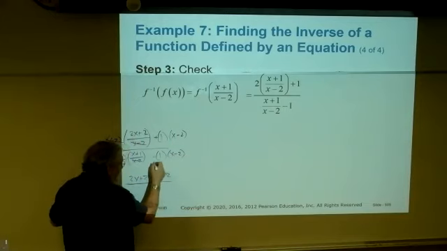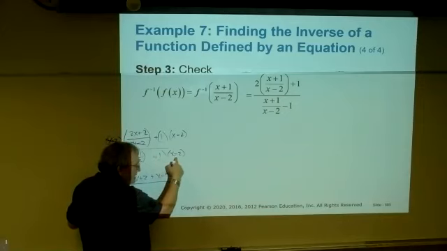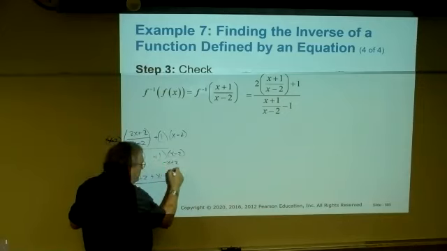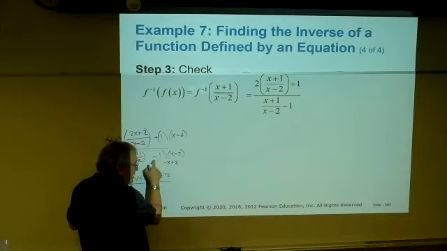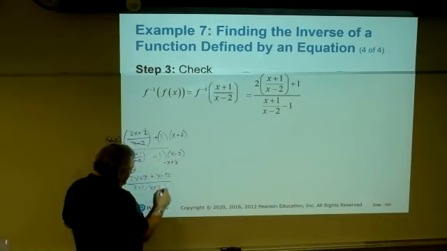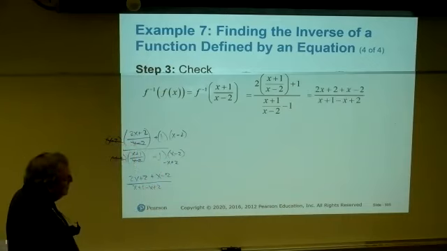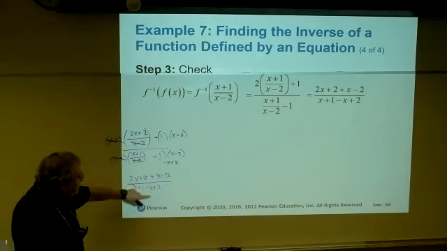And my denominator, well, this is a minus 1 times x minus 2, so that becomes a minus x plus 2, because I'm multiplying each of these by the minus 1. So my denominator becomes x plus 1 minus x plus 2, which is what they show right there. They don't show this process.